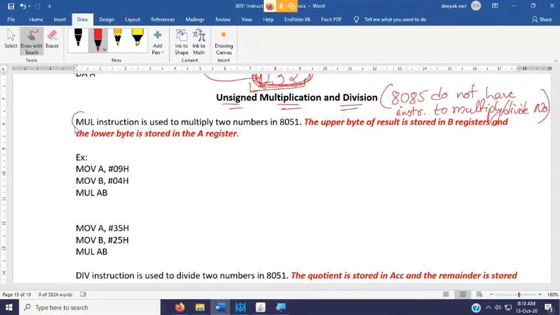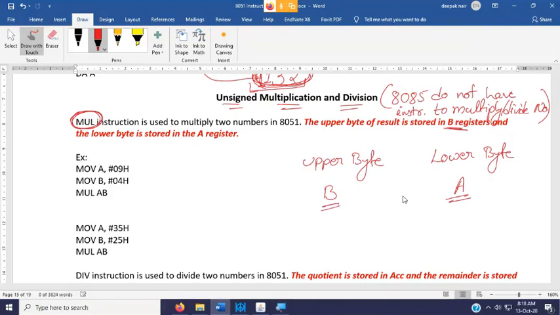For example, you can use the MUL instruction to multiply two numbers. But the thing that you have to remember is that the upper byte of the result is stored in the B register, not in the accumulator. The upper byte will be stored in the B register, and the lower byte will be stored in the accumulator.